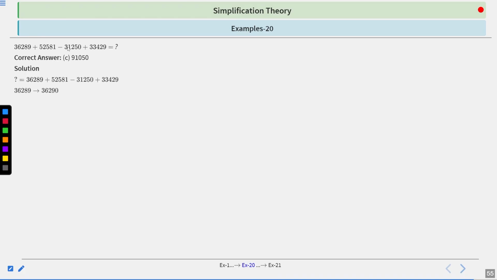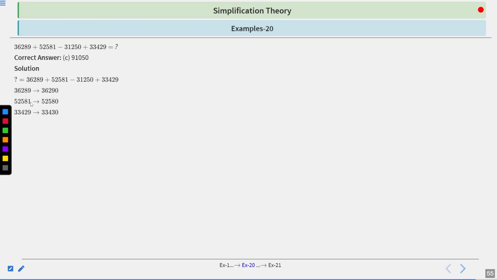So when we make them in approximation formation, we can write 36,289 in the form of 36,290. We can write 52,581 as 52,580. We increase this value by 1 and we decrease this value by 1. So we just got it in an easy formation.